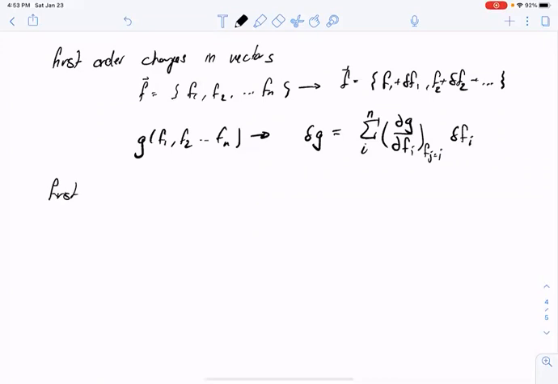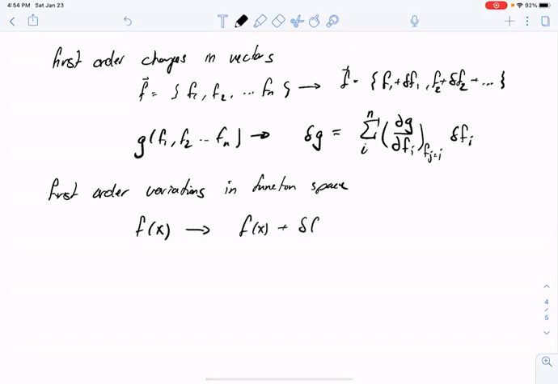To understand first order changes in functions, let's imagine taking our function f of x and adding to it some little delta f of x, and then asking what is the analogous change in the functional g.